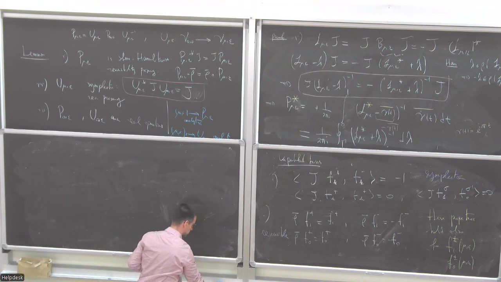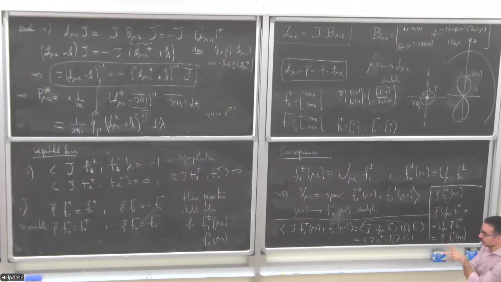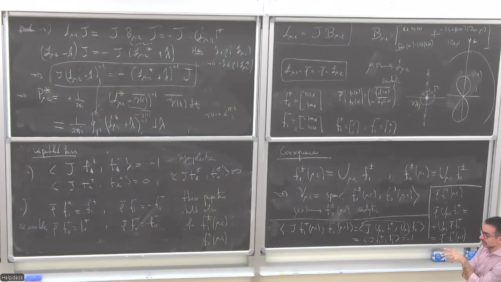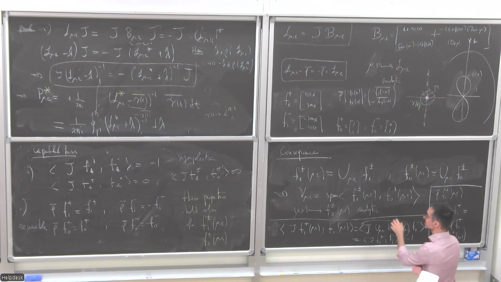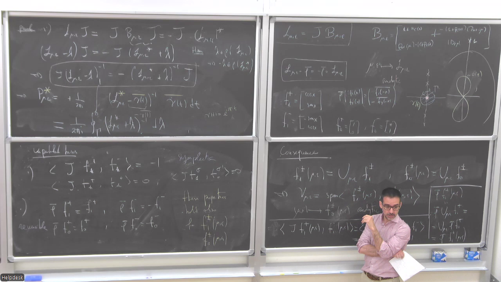Yes, so these properties and these perturbed vectors only exist for small enough epsilon. The construction of the perturbed F plus minus, yes, they exist, you can define the basis of vectors only for small enough epsilon.